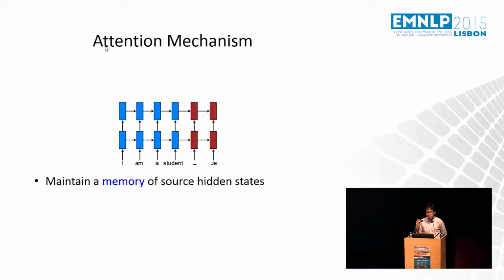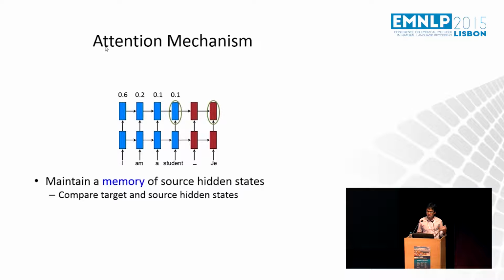With the attention mechanism, the idea is you keep track of the entire set of source hidden states as a memory pool. As you translate, for example, when you translate the second word here, you pick the target hidden state and compare it with each of the individual source states. We compare with the first source state and get an alignment weight of 0.6, then 0.2, 0.1, and 0.1.